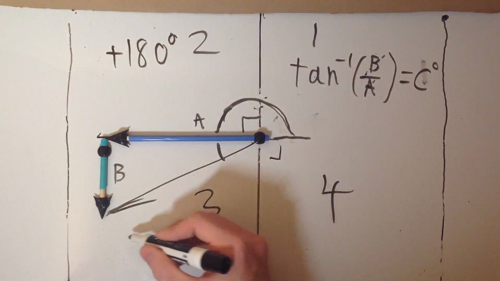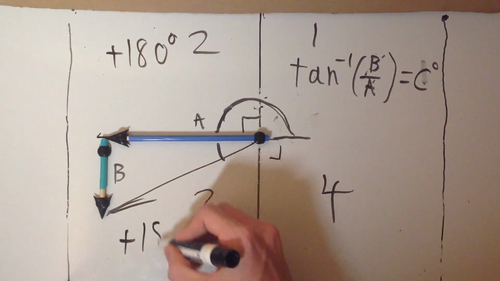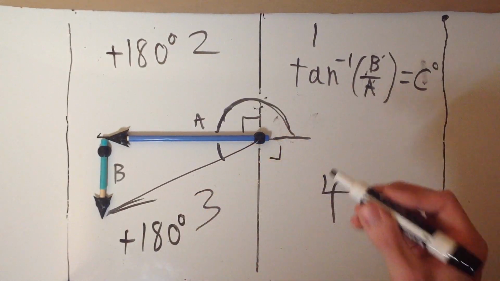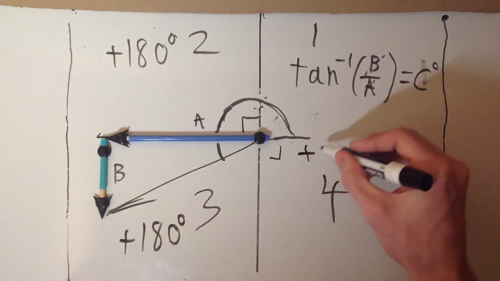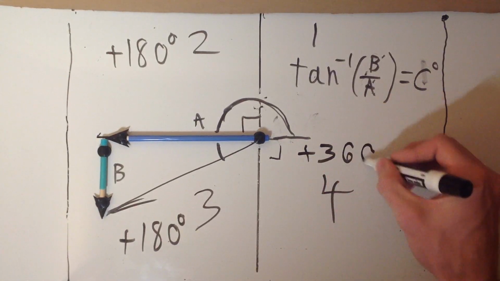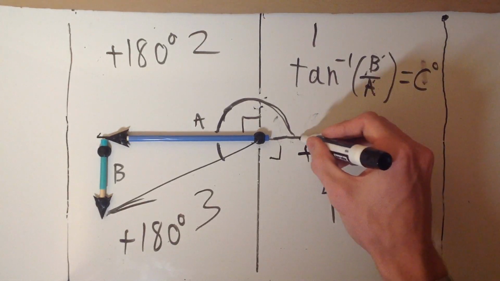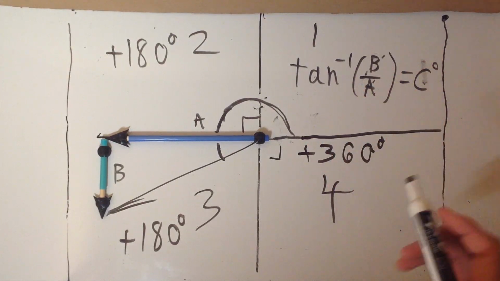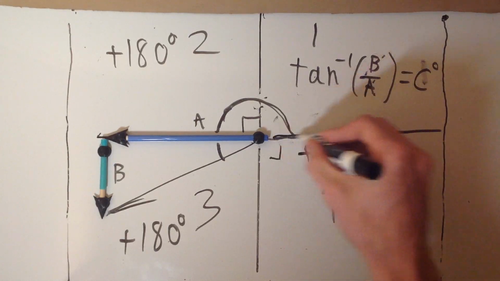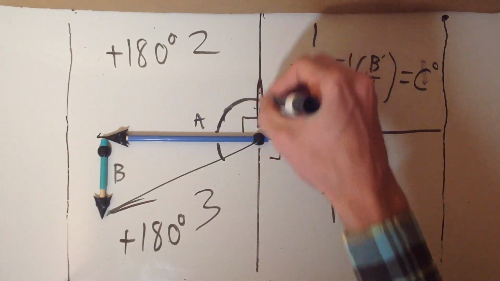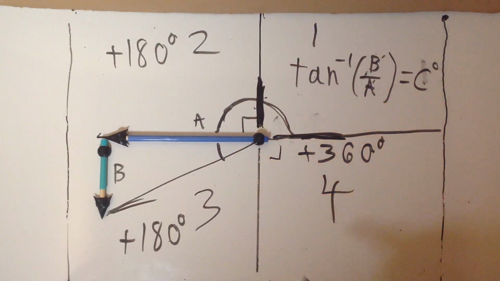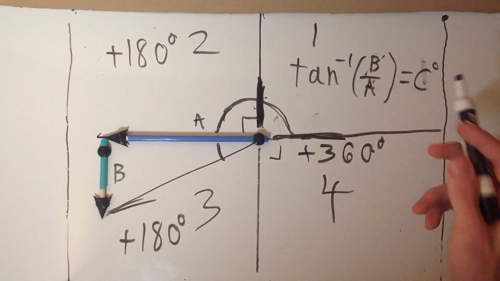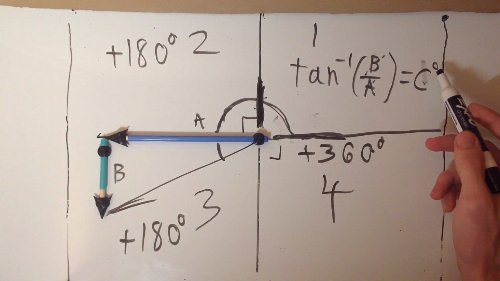If it's in quadrant 3, we also add 180 degrees. But if it's in quadrant 4, this is where it gets a little tricky, we add 360 degrees. This is just because sine and cosine work between 0 and 90, so it's a correction factor to get the angle adjustment. Once you do that, you should get your final resulting angle.